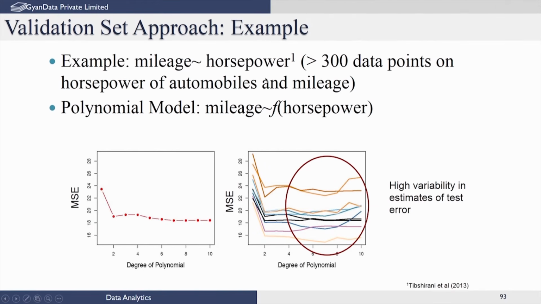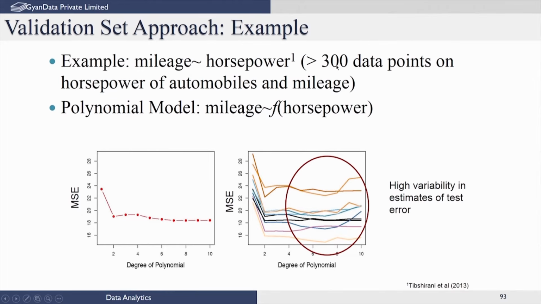So, here is a case example of mileage of some automobiles and the horsepower of the engine. Essentially this particular data set contains 300 data points. Actually this is sufficiently large, but we are going to assume this is not large enough, and we will use the validation and cross validation approach on this data set.